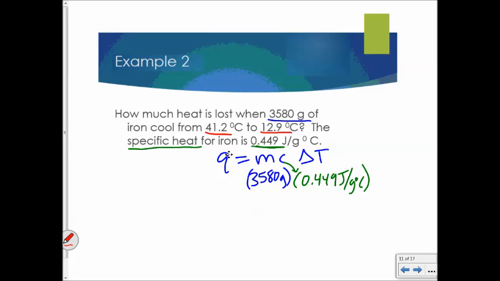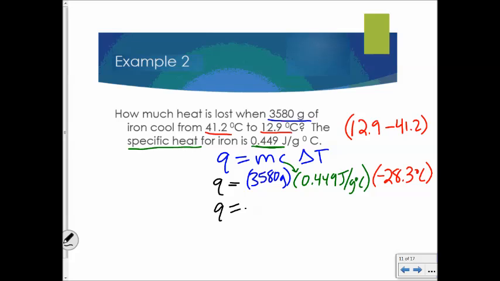Oh, look, it's cooling down, so really it could be 12.9 minus 41.2. That's going to give me a negative number, negative 28.3 degrees Celsius. Now that's all going to give me Q, which ends up being a negative value.